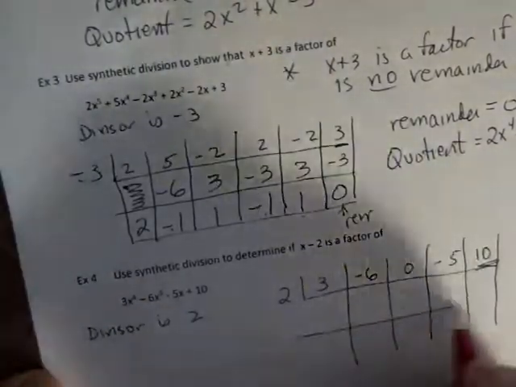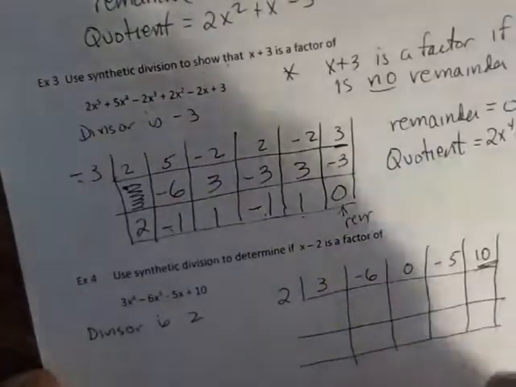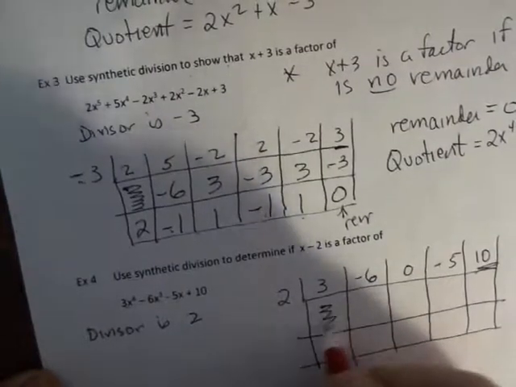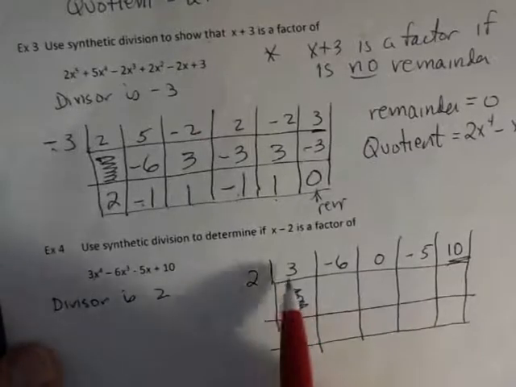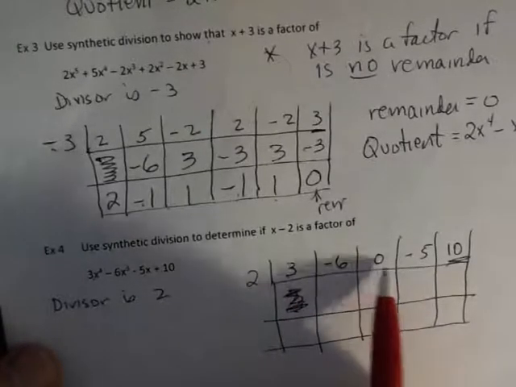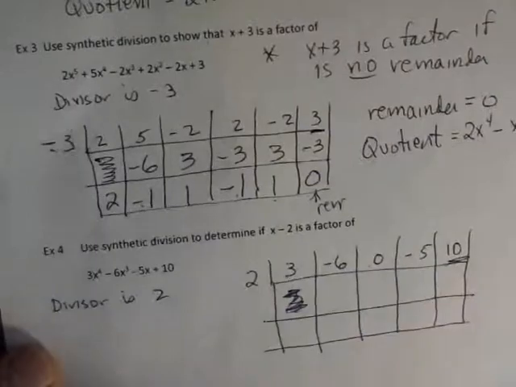Create my boxes. Mark through that first box. So again, x to the fourth, x cubed, x squared, x, and constant term.